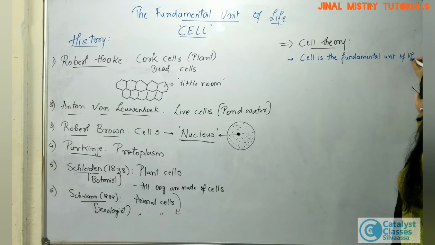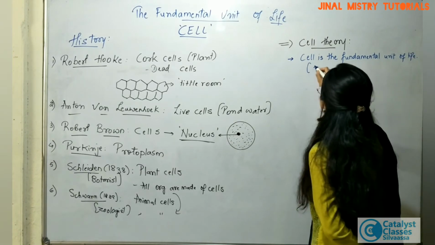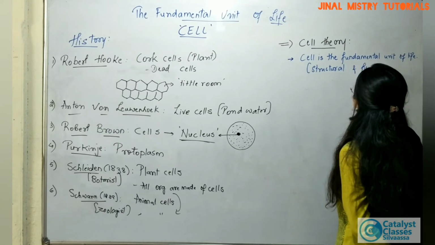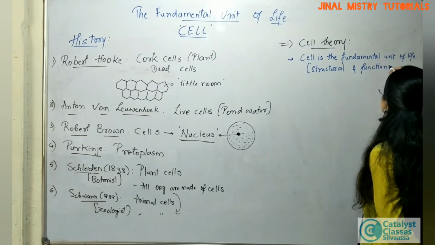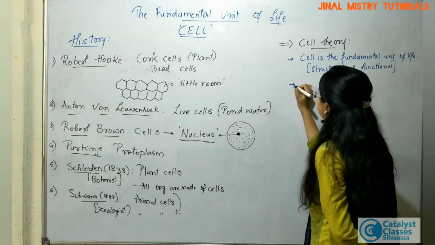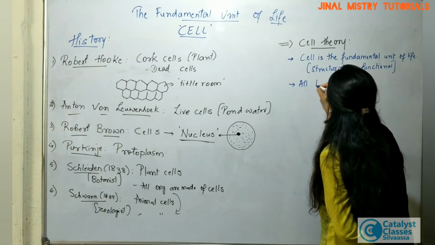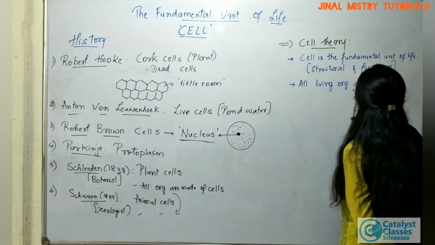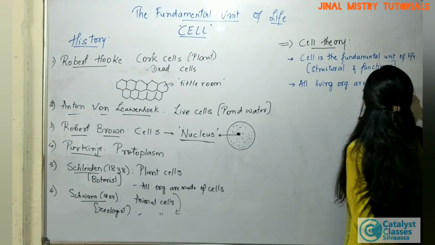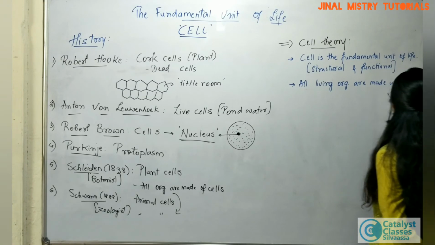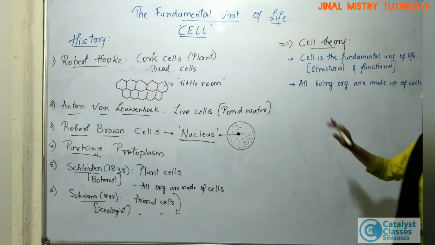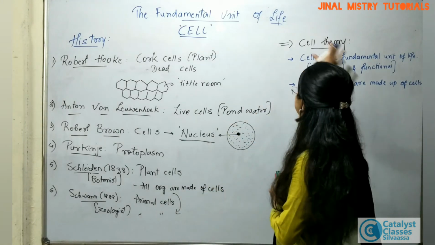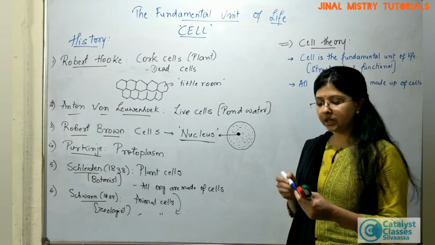And when I say it is the fundamental unit, that means it is structurally as well as functionally important. Correct? And the second thing they said was all living organisms are made up of cells. Right? So they knew what a cell is and what the different components are. By studying all these things, they had framed this cell theory.